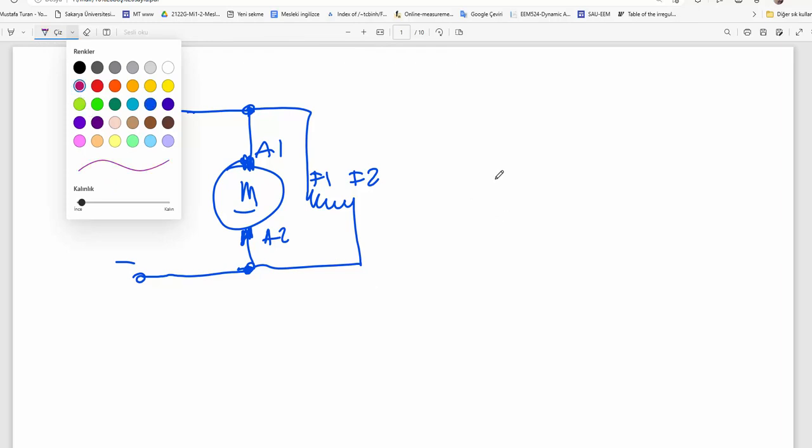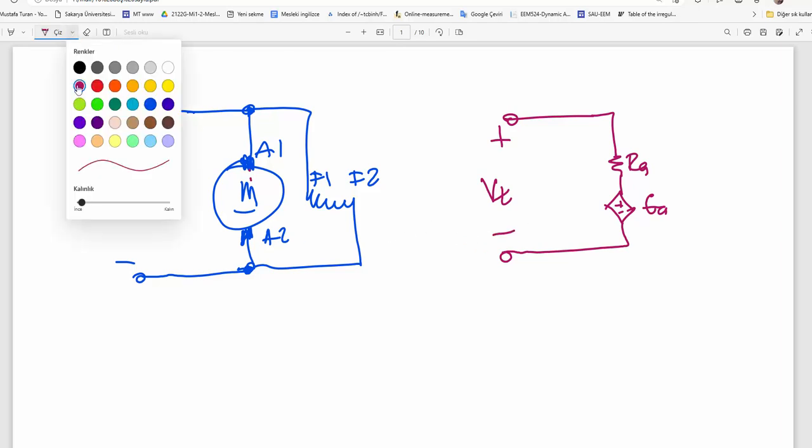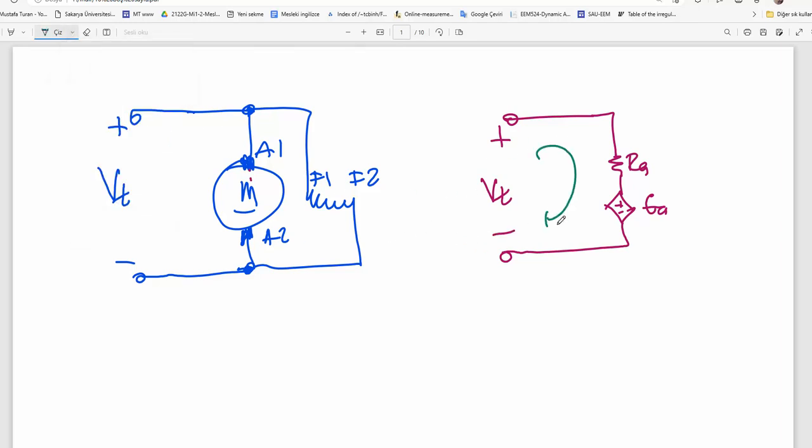And then you can draw the equivalent circuit of the armature circuitry. Here is Ra inside this guy and a back EMF in the armature circuit. That is the terminal voltage applied. So here is a Kirchhoff voltage law around this loop.